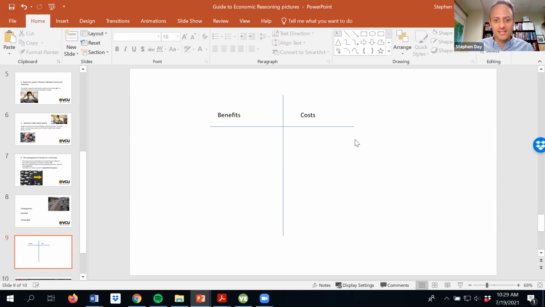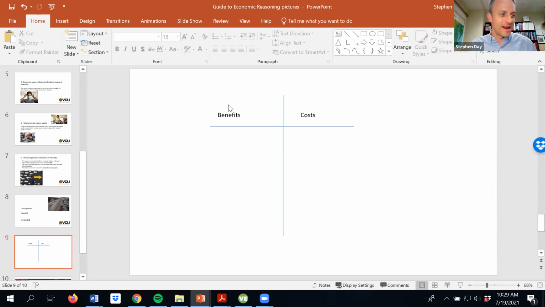With little kids, Jenna, you can have a smiley face on the benefits and a sad face for the costs. With little kids, I also call them good things and bad things, but I try to make them transition into the actual words costs and benefits. So let's say that you have to make a choice.